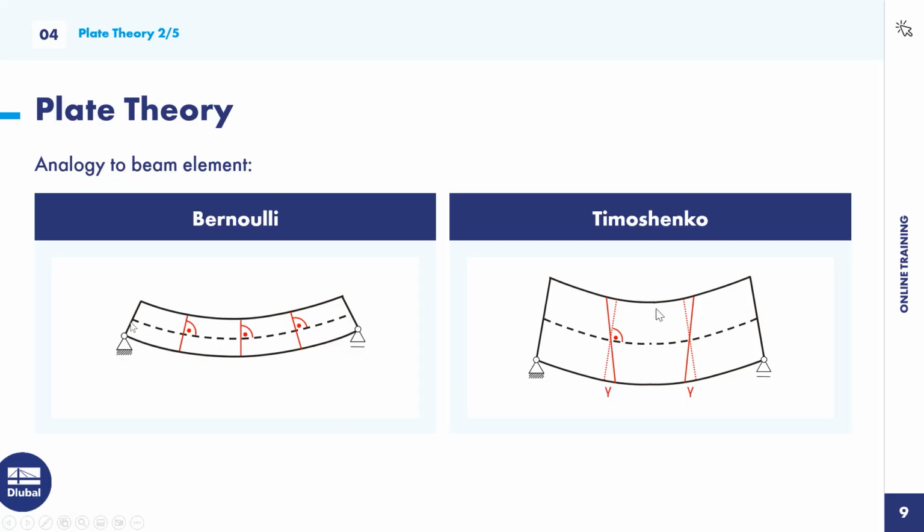And also, what you could see here is that the consideration of the shear deformation gets more important the thicker this beam is, or the higher this beam is right here. Since this is a shear angle, the higher the height of the beam is, the bigger this influence will be.